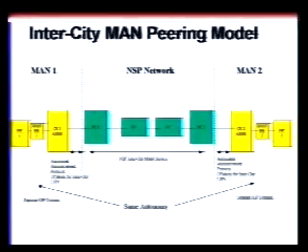And then in every city, what I call MAN 1 and MAN 2, we have a function of a border router, an AS boundary router that's peering with the PEs in the NSP. Also, what's really important is the MANs, MAN 1 and 2, are running their own IGP, but they're on the same autonomy.